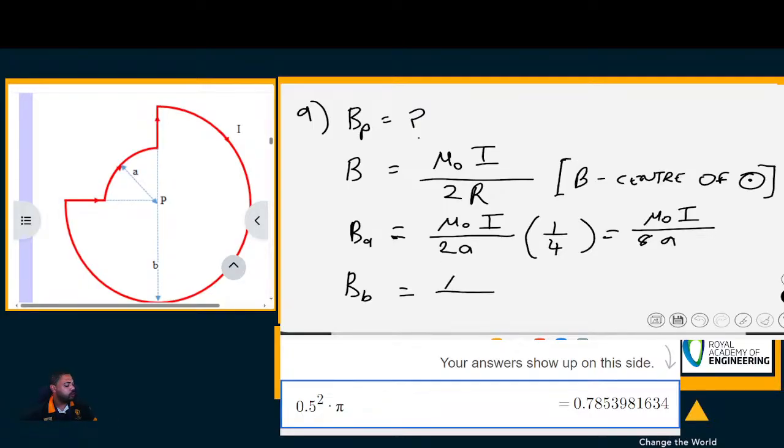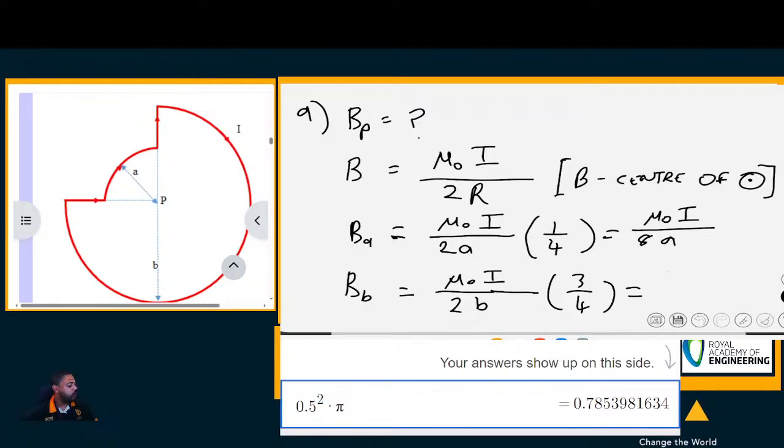The current is still I, it does not change, but the radius of the circle is now b, so 2b, and it covers the rest of that circle, 3/4.